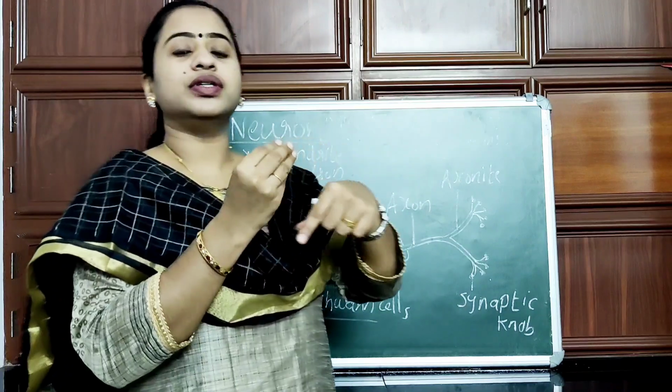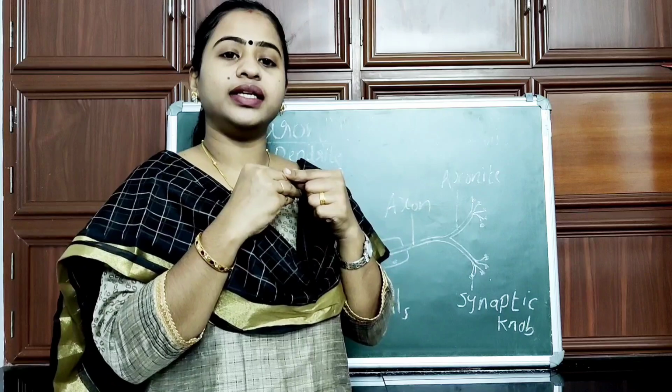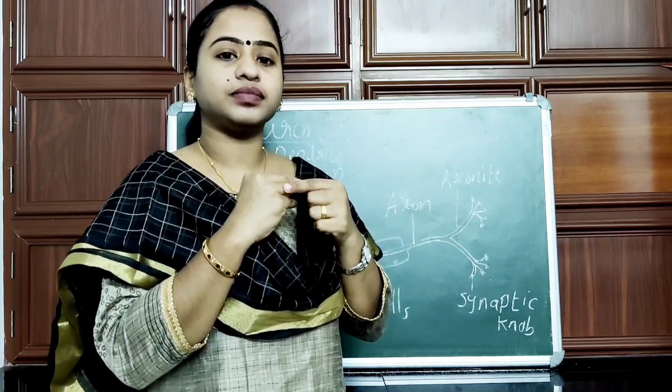The nerves are also encircled by myelin sheath.